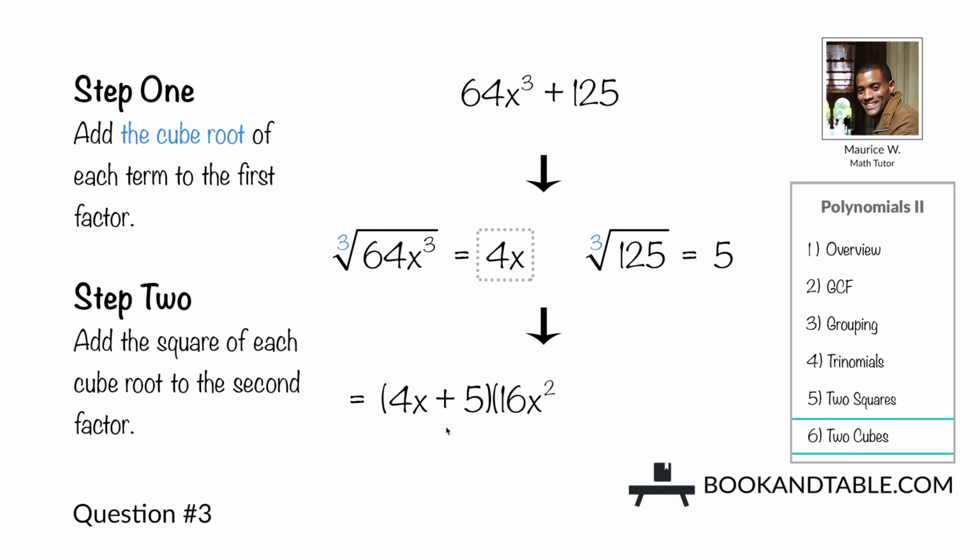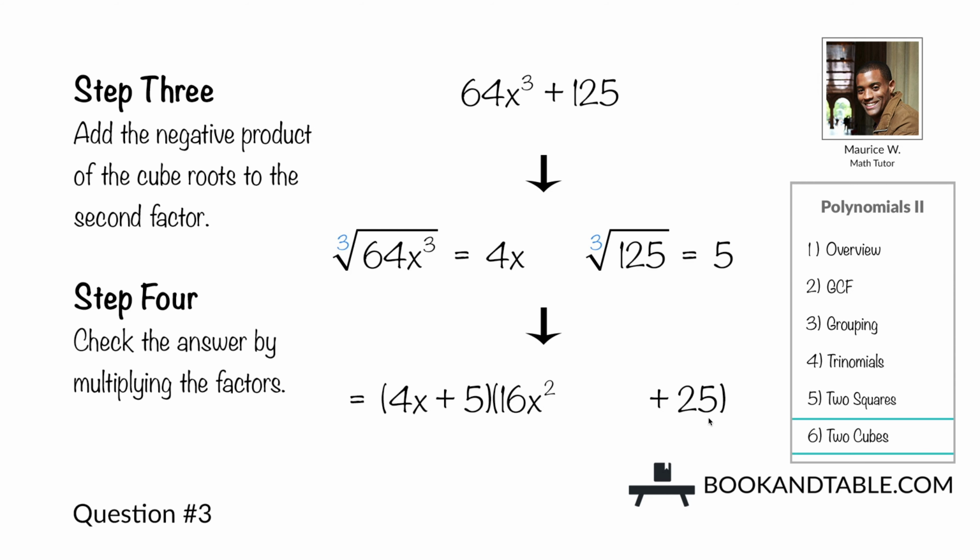And now step 2, add the square of each cube root to the second factor. So when we square the first cube root, we get 4x times 4x, which would give us 16x squared. The second cube root was positive 5. When we square that, we get positive 25, which we'll place at the end of the second factor. And now step 3, add the negative product of the cube roots to the second factor.